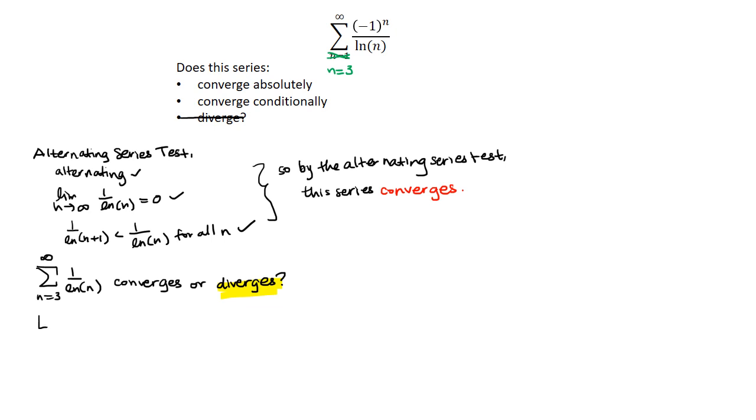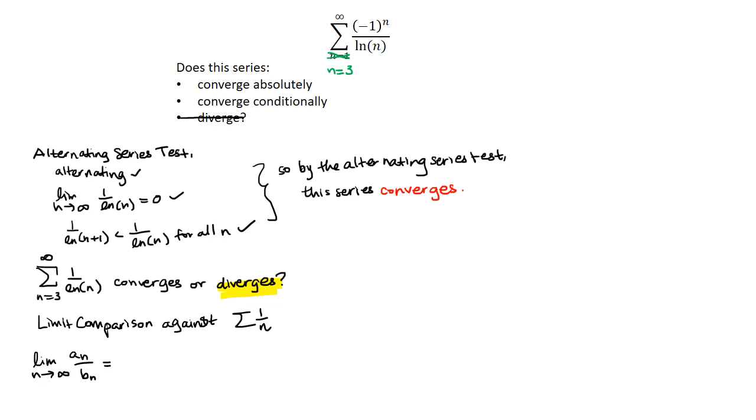We're going to try a limit comparison test against the series 1 over n. I'd like you to pause for a second, find your notes for the limit comparison test, and take a look.